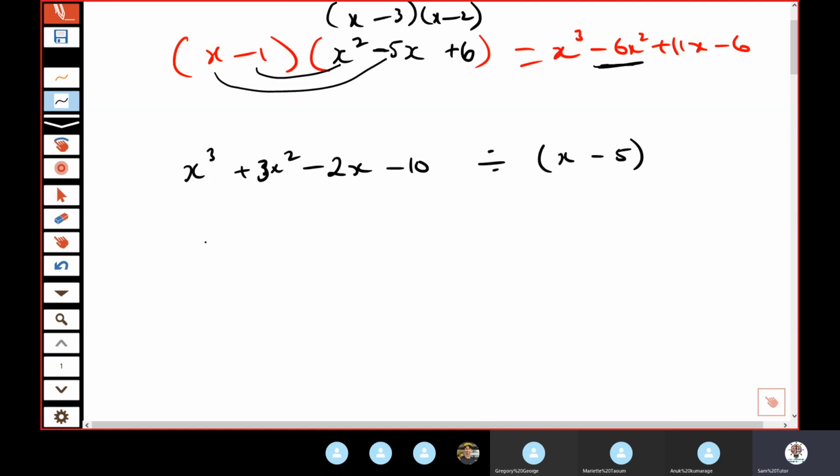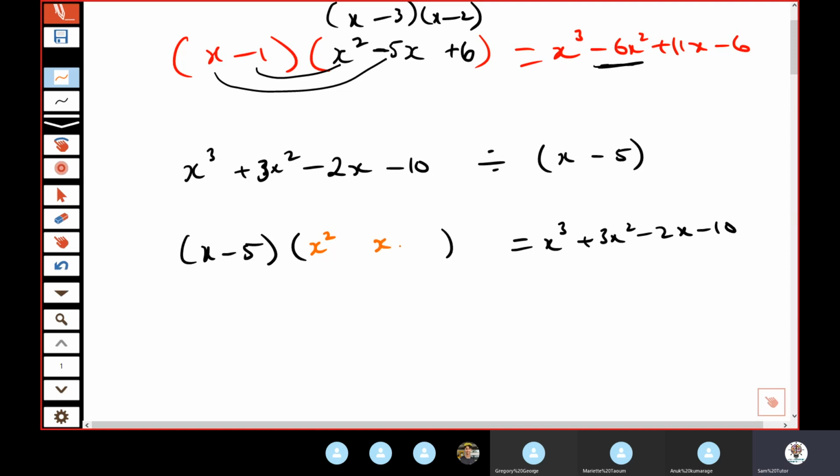If we don't know if it's a factor, that means the way I'm going to do it synthetically will change just slightly. I can't rush in the constant term because it might not work. So you're going to do it in order. So Anouk, x times what gets you x cubed? You're going to say x squared.